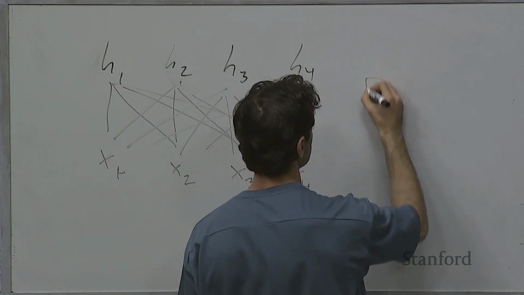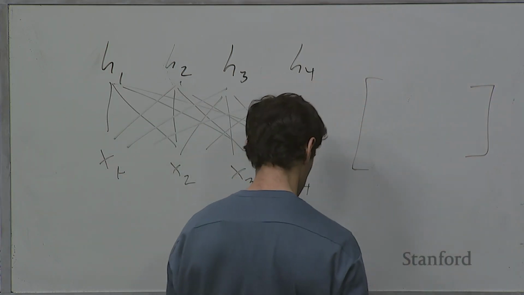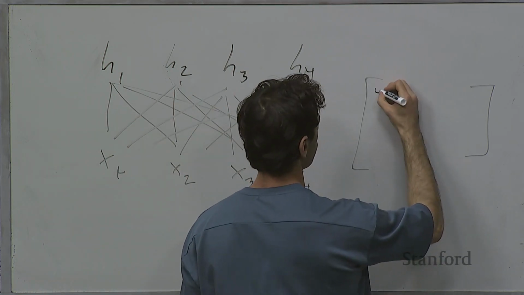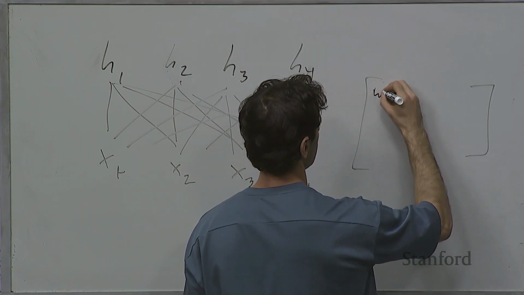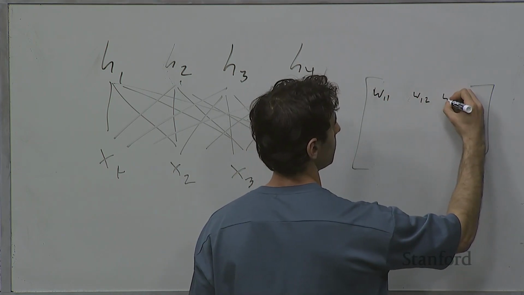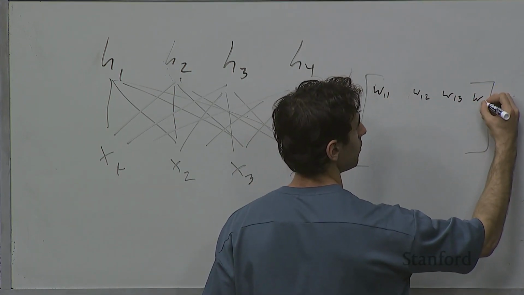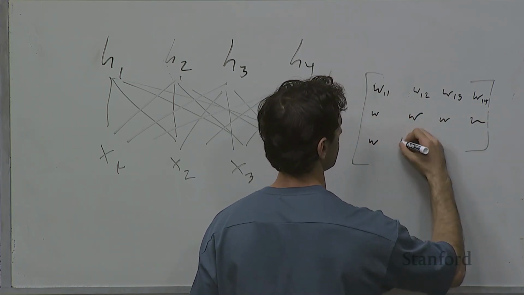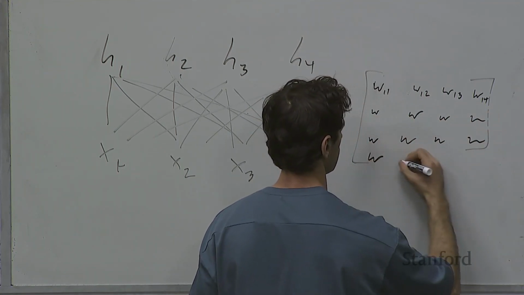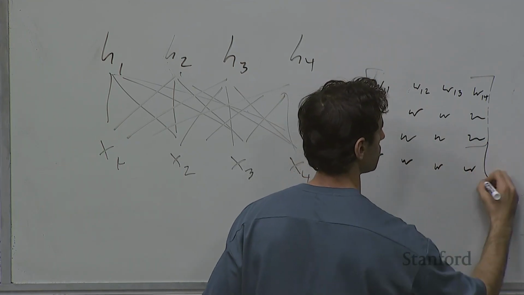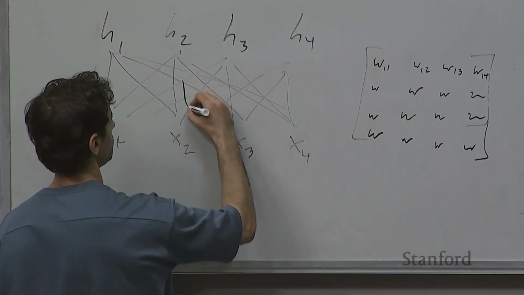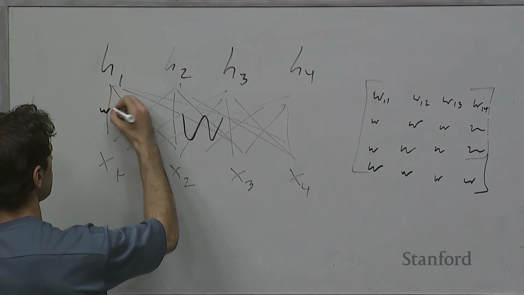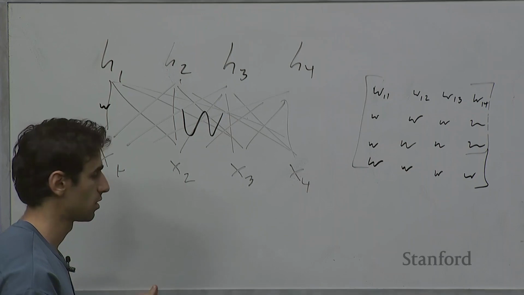And you're going to end up with a 4x4 matrix of parameters, W11, W12, W13, W14, and so on. This is what your matrix is going to look like, because you need a weight for every one of those connections.